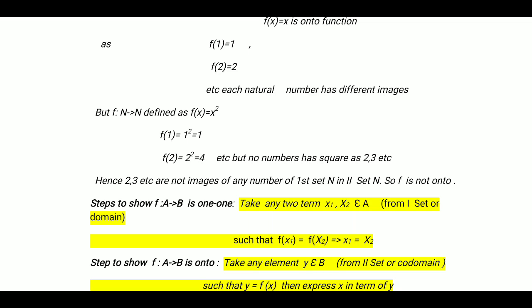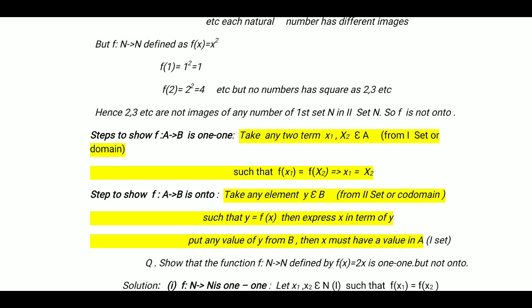So 2 and 3 etc. are not images of any element of the first set, and in the second set N. So f is not onto. It means there are some elements in the second set which are not associated with an element of the first set. So we can say f is not onto.